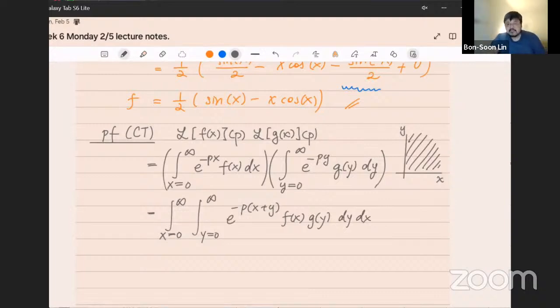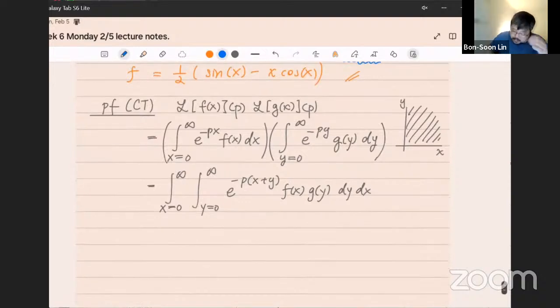That is this region. What we want is to change the order. But if I change the order of x and y, it does nothing, right? They're completely symmetric. This is mathematical trickery. If I just exchange this order, I get back the same problem.